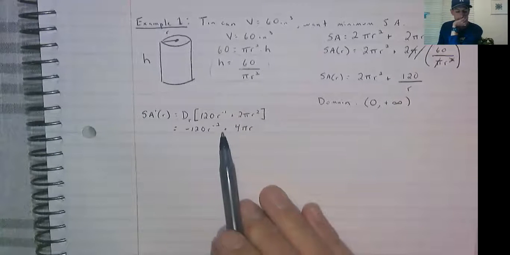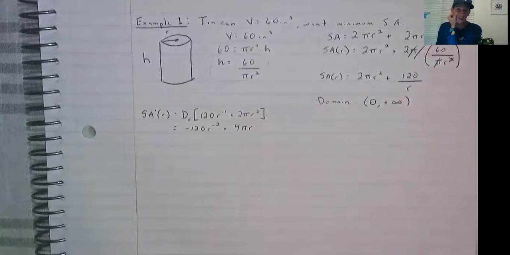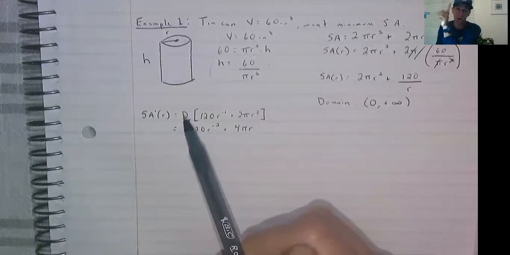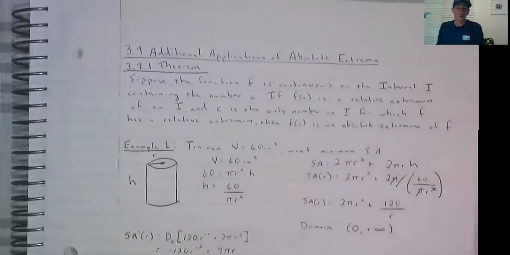Do we want to jump straight to the second derivative? Yeah, because the game plan here is we're going to find the critical numbers of our first derivative, and verify that there's only one so that we can use this theorem up here and then use the second derivative test to see what kind of extremum it is.